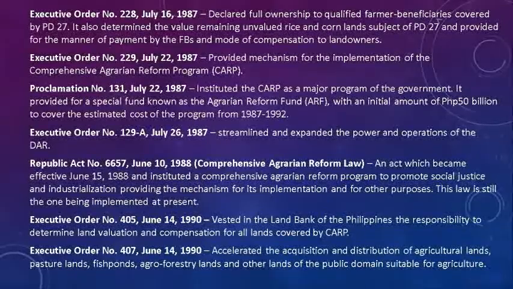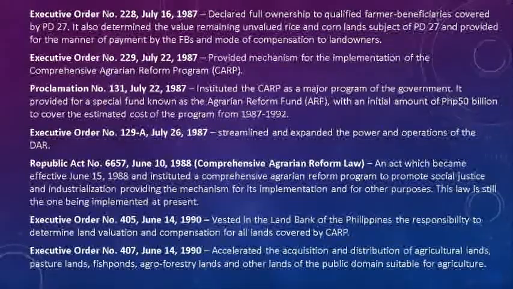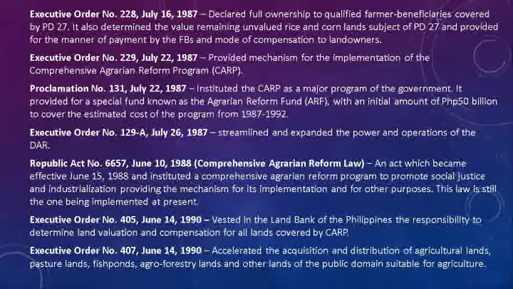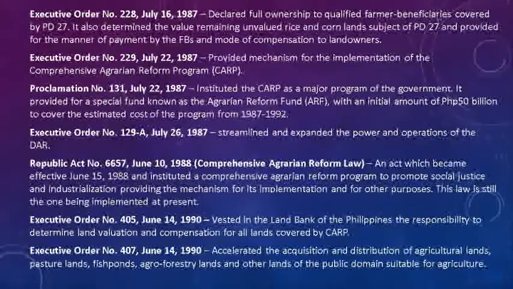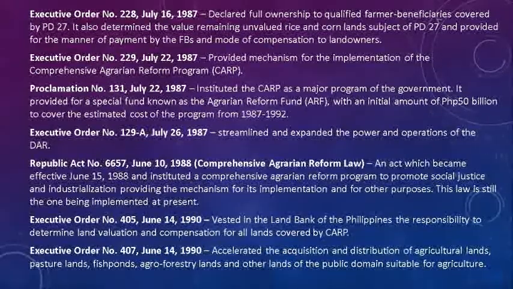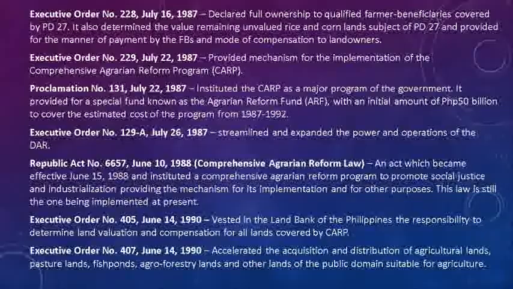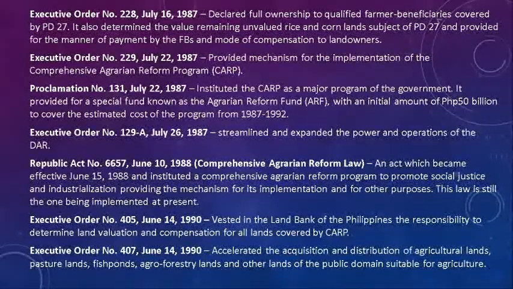And then there was this legislative power conferred to President Corazon Aquino. Well, of course, we know that she was put into power through a revolutionary government. It was vested upon her to empower her to quickly implement a radical agrarian reform program.